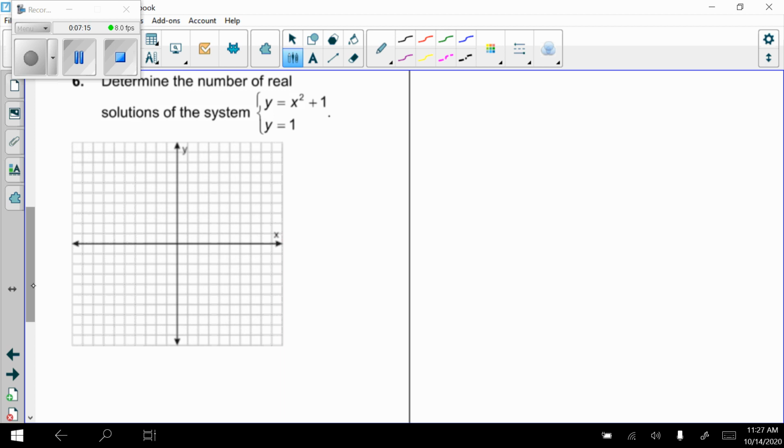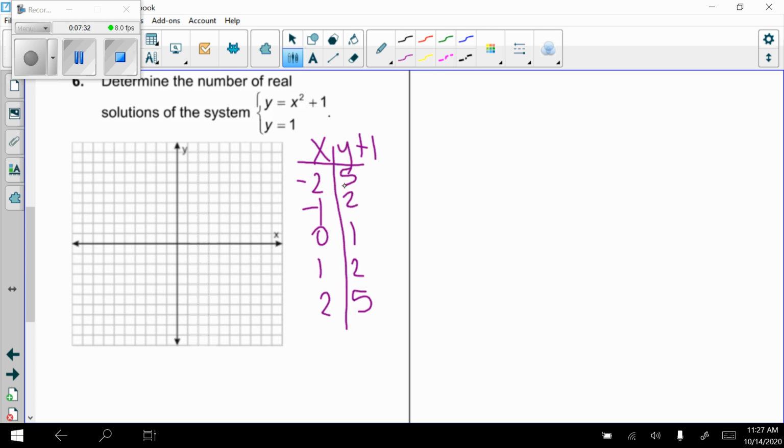If I graph, okay, so I'm going to graph x squared plus 1. So x and y, my x is negative 2, negative 1, 0, 1, and 2. And this would be y plus 1. Right? So this would be 5, 2, 1, 2, and 5. So I'm going to plot those points. So over 2 up 5.